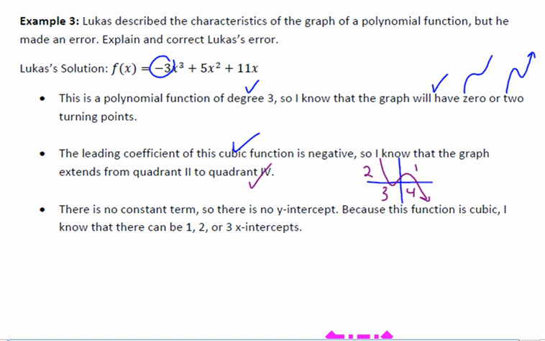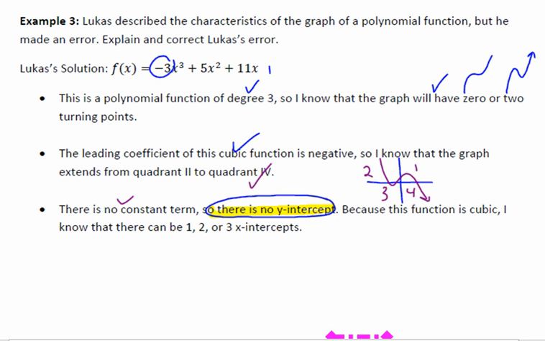There is no constant term. Is that true? Yes. So there is no y-intercept. Is that true? No, that is false. There's still a y-intercept, but what is the y-intercept then? So that's his error. So what would be the y-intercept if you have no constant term?